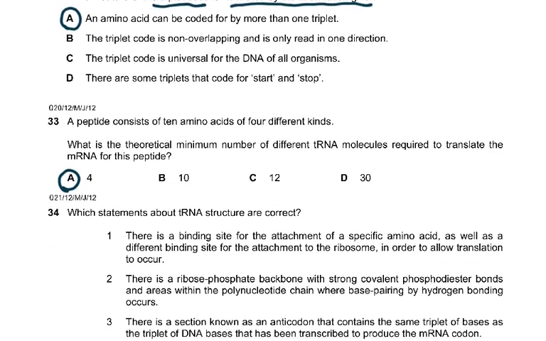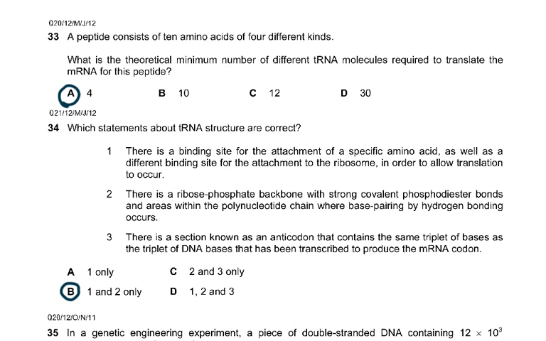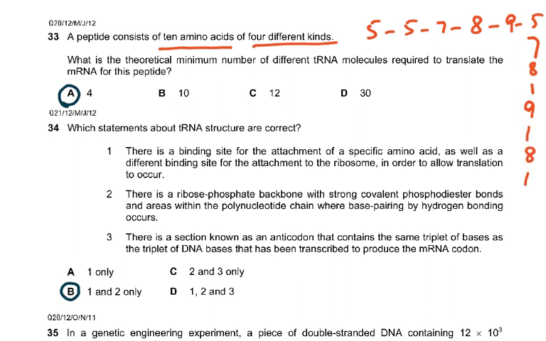Then question number 33. A peptide consists of 10 amino acids of 4 different kinds. So we have, say, amino acid number 5, then 5 again, then 7, then 8, then 9, then 5, and so on, until there are 10 amino acids in total.